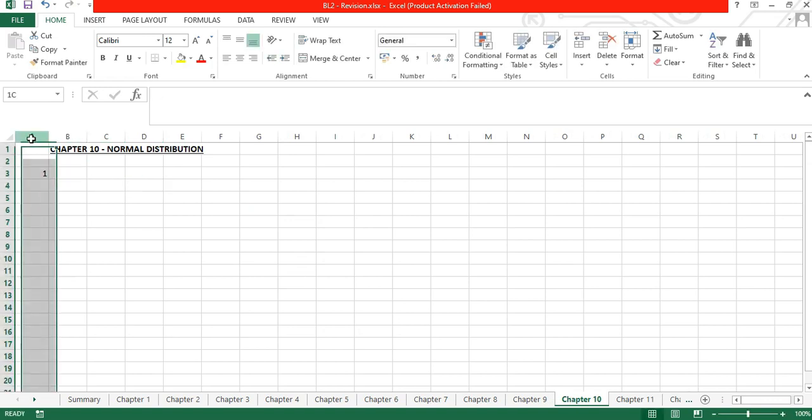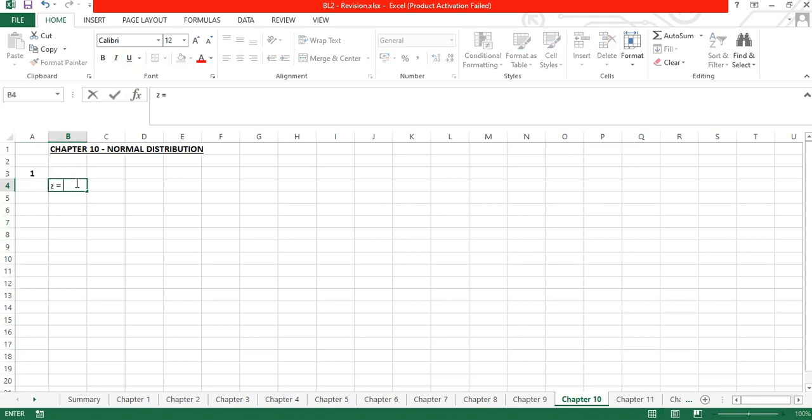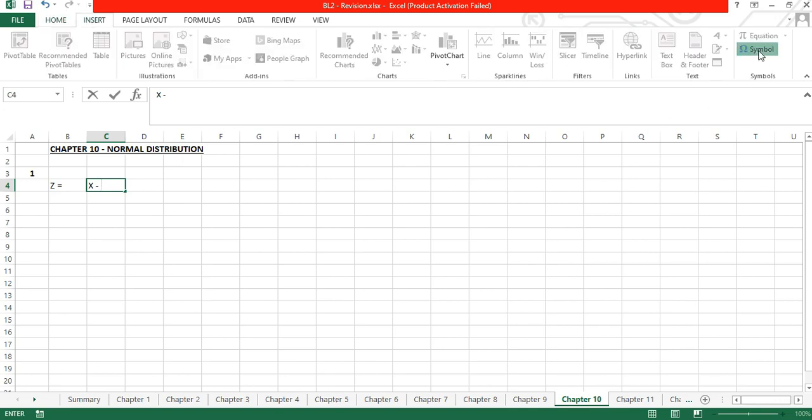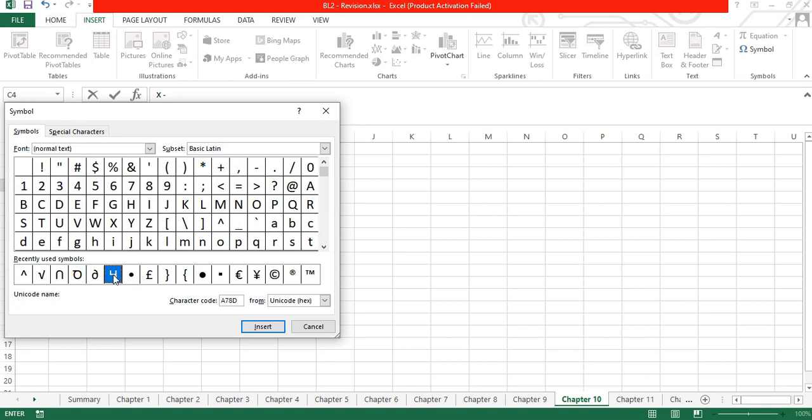Now, one thing to bear in mind is the Z formula. What is it? Z equals, you all probably know, the Z score equals X, that is the raw data, minus mu, which is the mean, divided by the standard deviation.